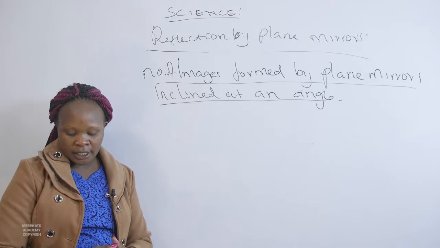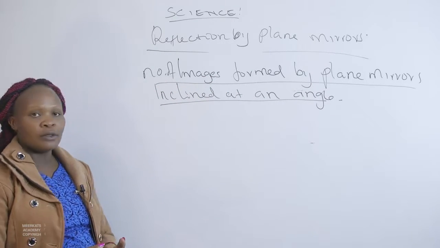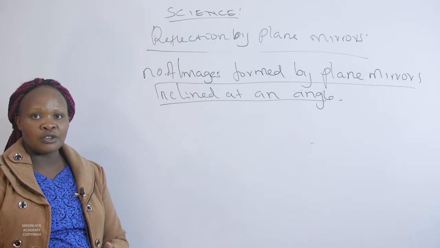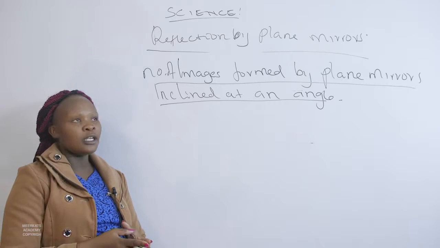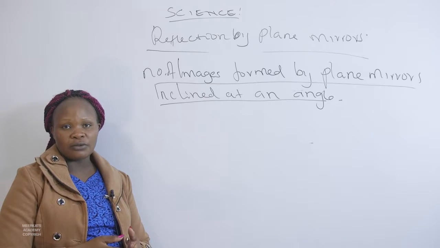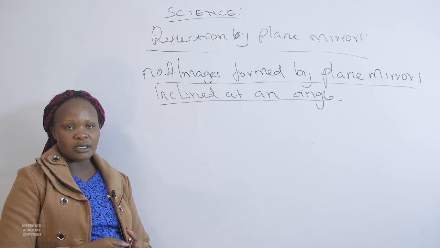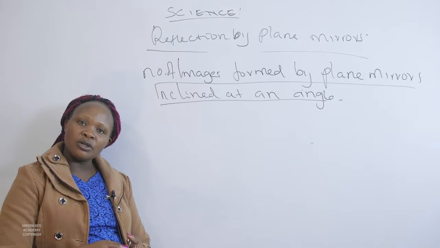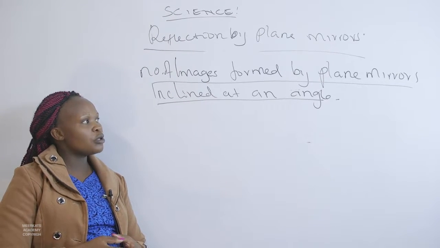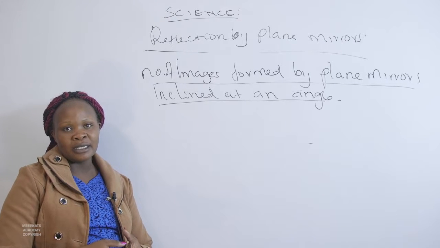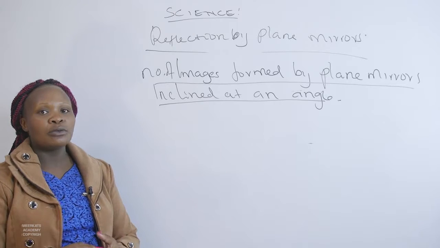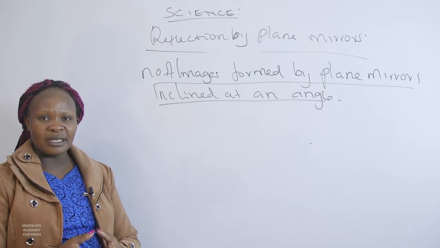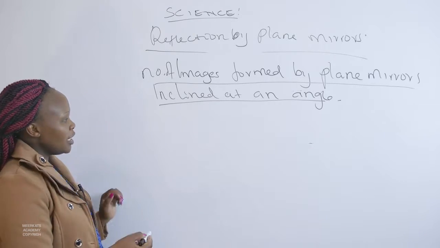Okay, we have seen that images are being formed, whether they are real or virtual, whatever the characteristics they possess. We have seen that they actually result from the mirrors that we have. Now we want to find out, suppose we had more than one mirror and we want to form some images, what happens?